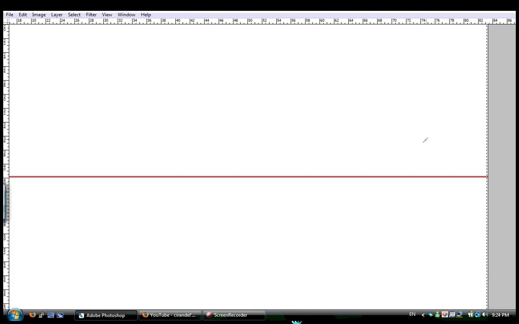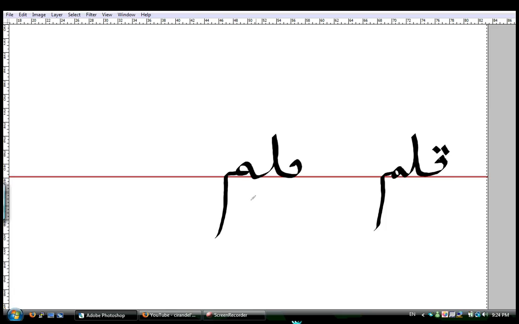So let's write qalam. This is the word for pen, qalam. I'll write it again in a different way maybe, and again.